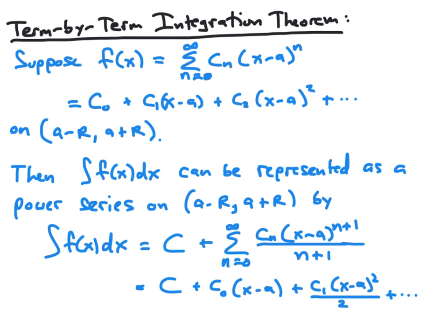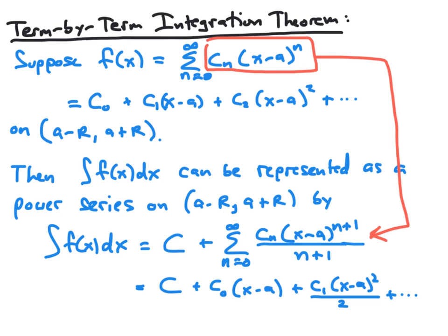This is obtained by taking the general term for the power series for f and antidifferentiating it to give us the formula c sub n x minus a to the n plus 1 all over n plus 1.